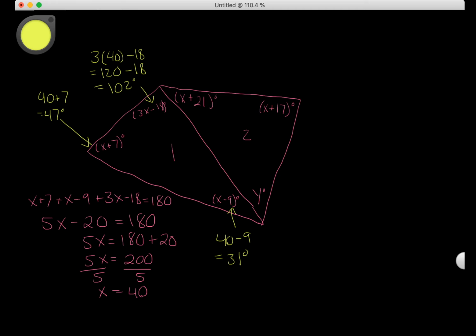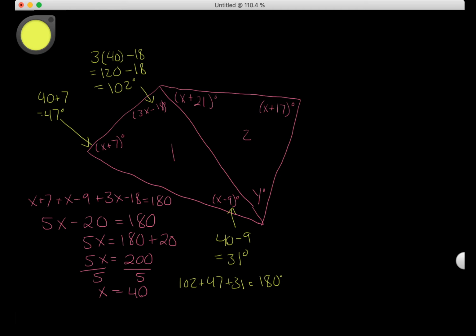That equals 180 degrees. Okay, so we've done that first triangle correctly. We know that our x is equal to 40.